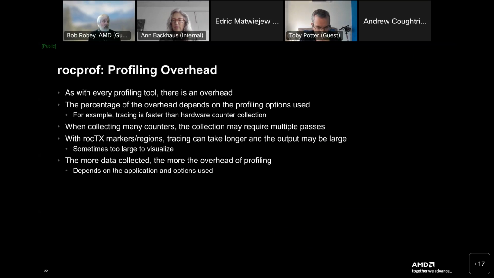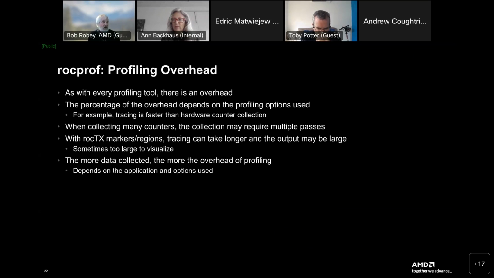And even more importantly, you do have to watch that you are not collecting so much information that you can't visualize it. There is a limit to how the standard Perfetto can display information, and it can run out of memory. So you want to at least start out fairly small.